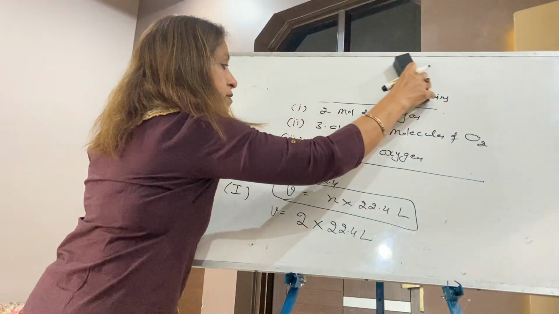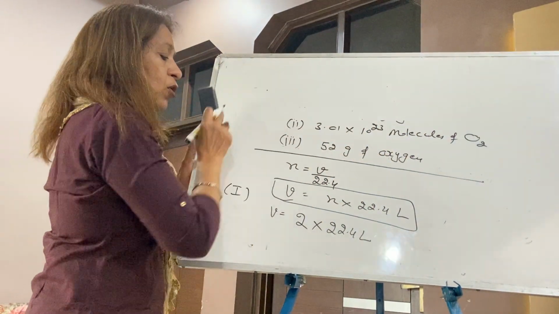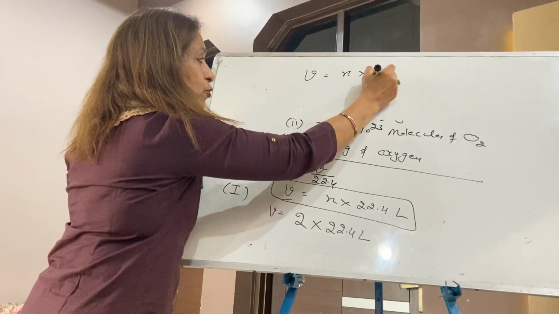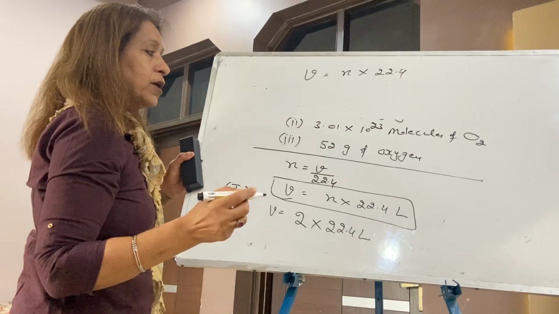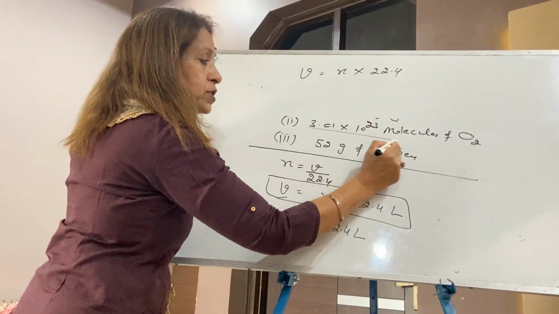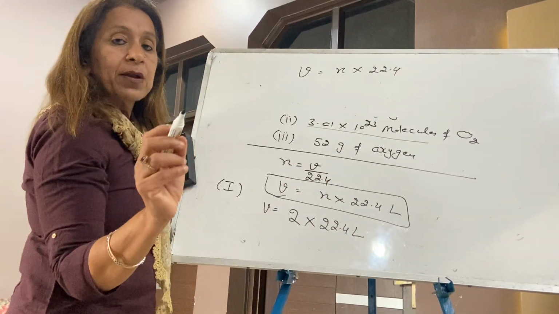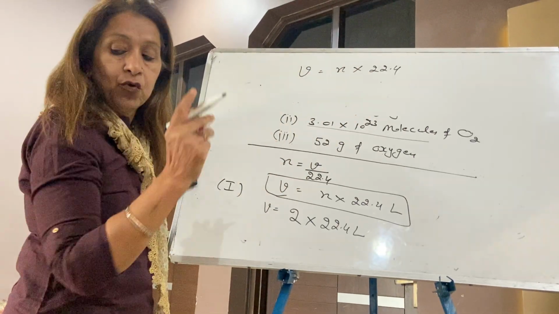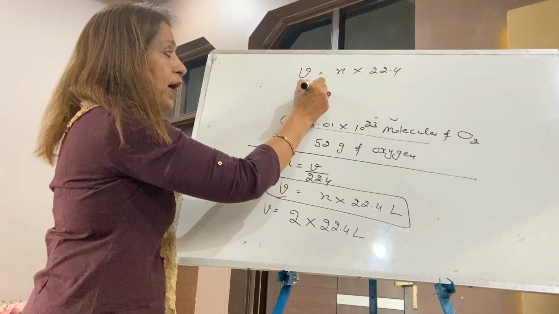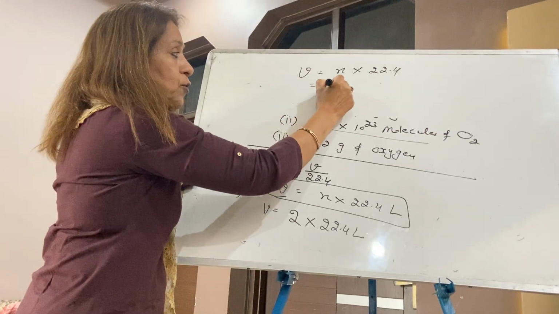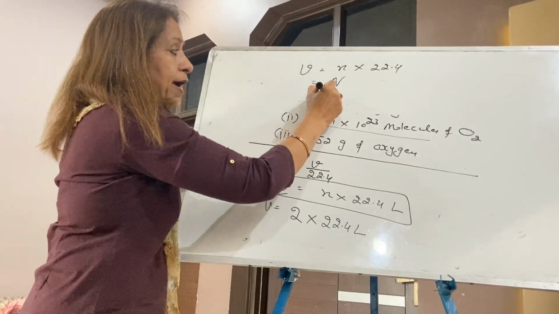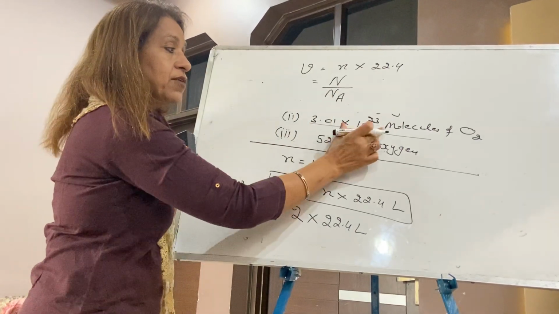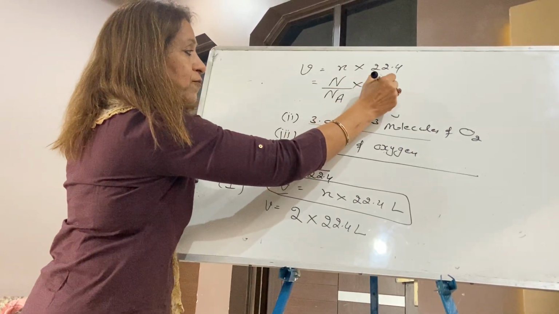Now second, again what is the volume? The fixed formula is volume equal to n into 22.4. Now they are asking about molecules, and in this formula there is not even a single word of molecule. So you will put n is equal to capital N by Avogadro's number, into 22.4.